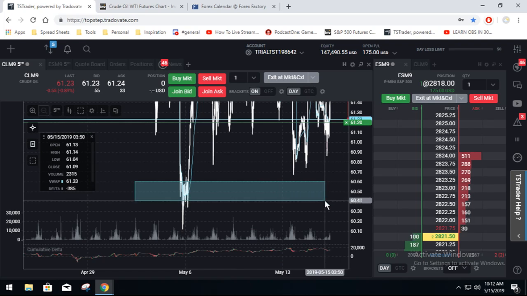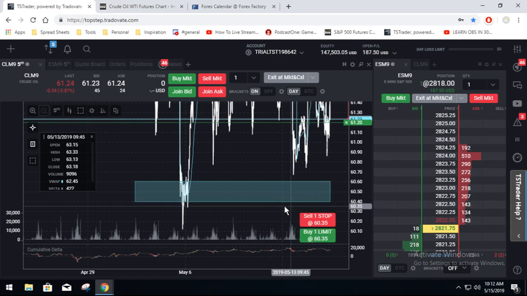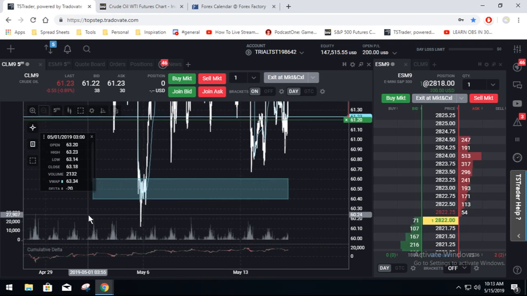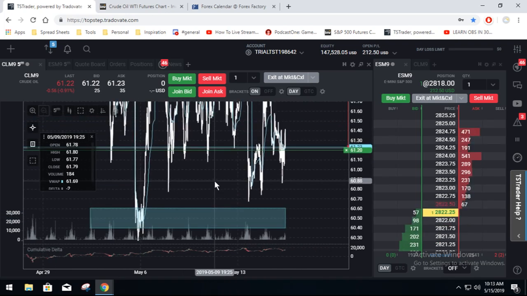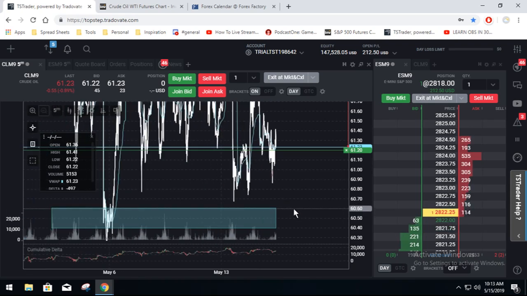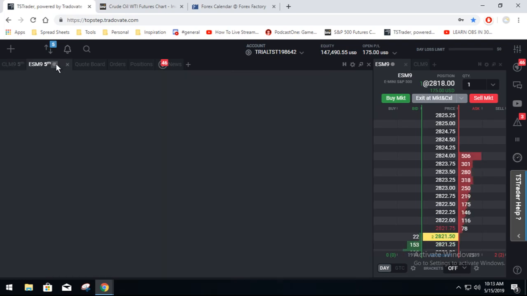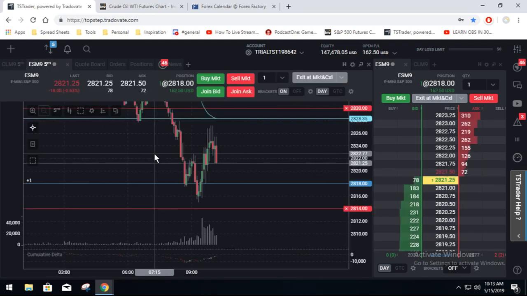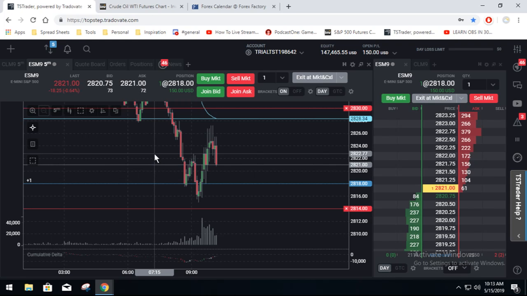So this is my 20-point kill zone here. Post news, if I do see a dip in the area, I'll look to buy. Within that, I'm looking to sell the 18. You could see I do have a working order sitting there. So I expected reversion coming back there.